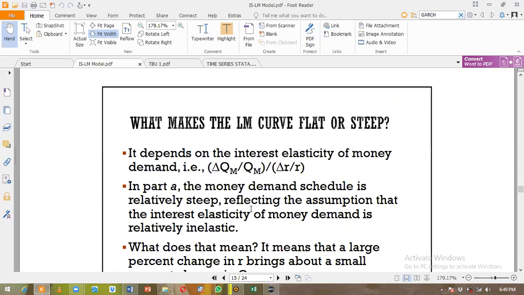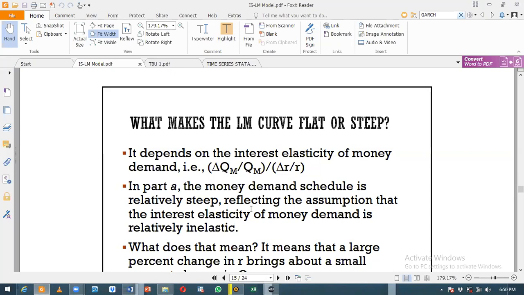When investment is inelastic, that is less sensitive, the curve tends to be steeper. The reason is that whenever there's an increase in income or output in the output market, the interest rate must really rise before equilibrium could be restored. That was why the curve was steeper.